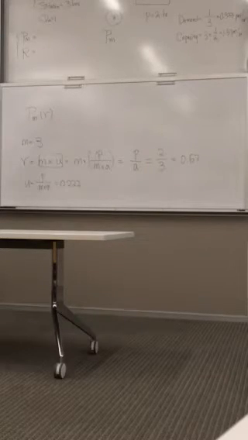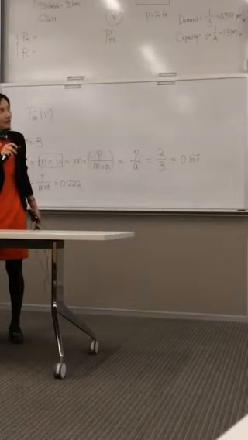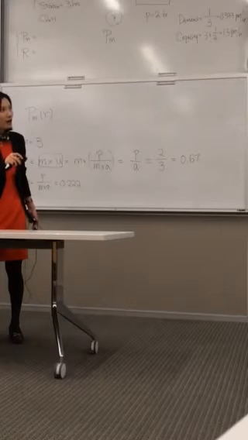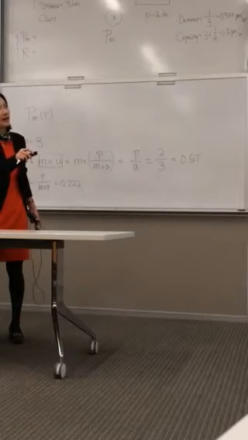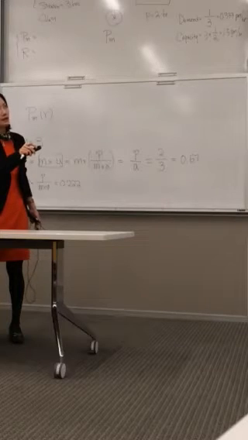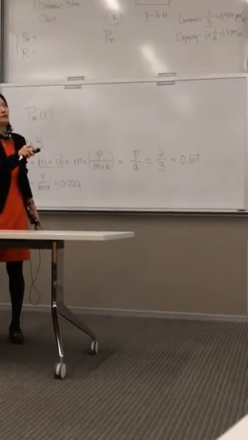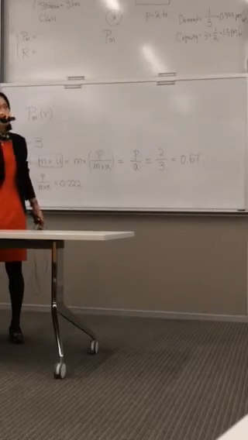Right. Let's actually look at the table. This is the Erlang loss table that is on the back of the textbook. So in the Erlang loss table, the columns represent the number of servers. So the columns have the value of M. The M can be 1, 2, 3, 4, 5, right?